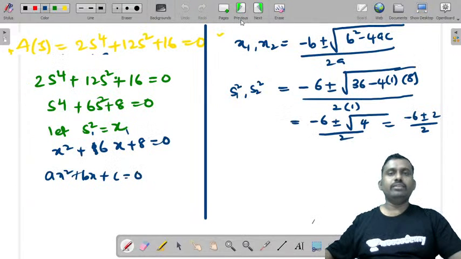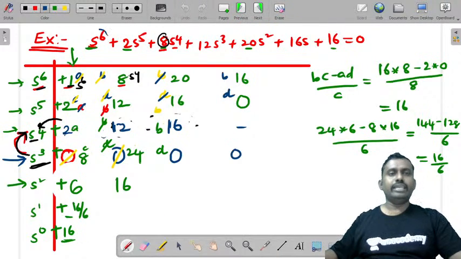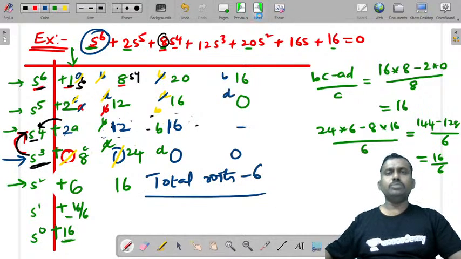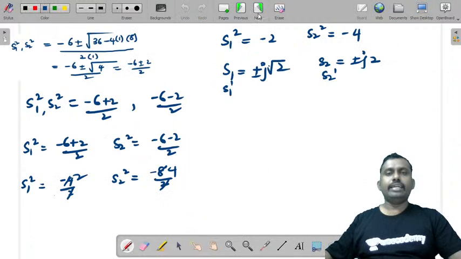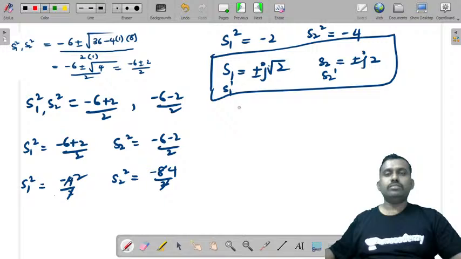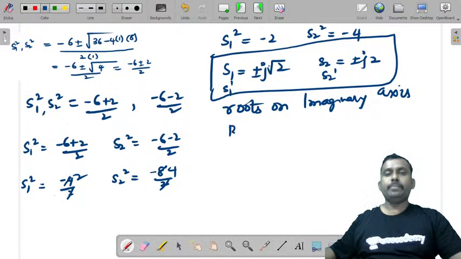Because if you see, this is s power 4 coefficient, so the roots must be equal to 4. And the given question is s power 6, so total roots are 6. This point you need to remember. And here if you observe this part, the roots on the imaginary axis are not repeated.